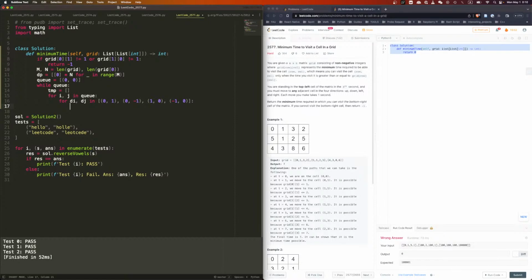But it might be a case you can go around. But if you can go around, why would you go back? There's no point going back. I think go right and go down should be enough.